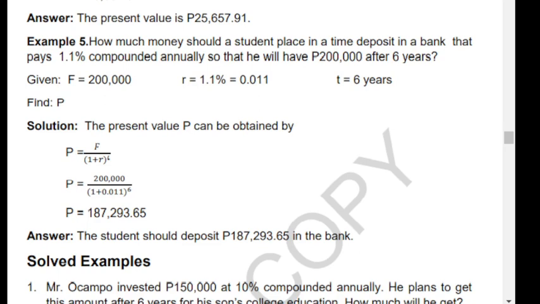So the answer is 187,293.65. So the student should deposit 187,293.65 in the bank in order to have 200,000 pesos after 6 years.